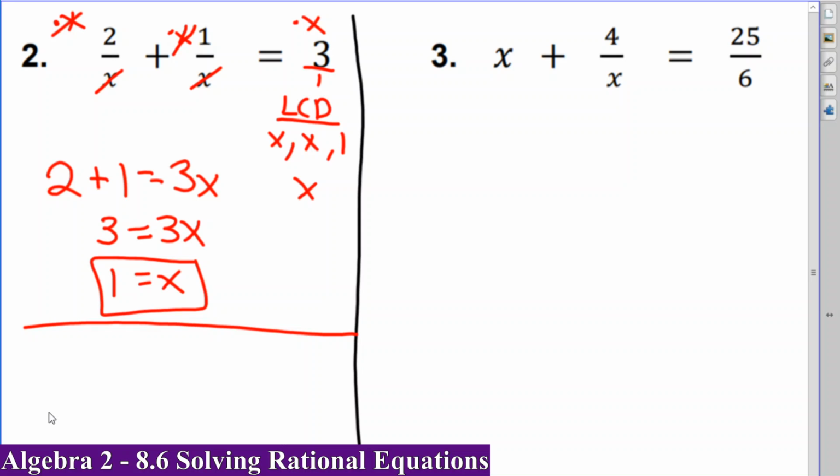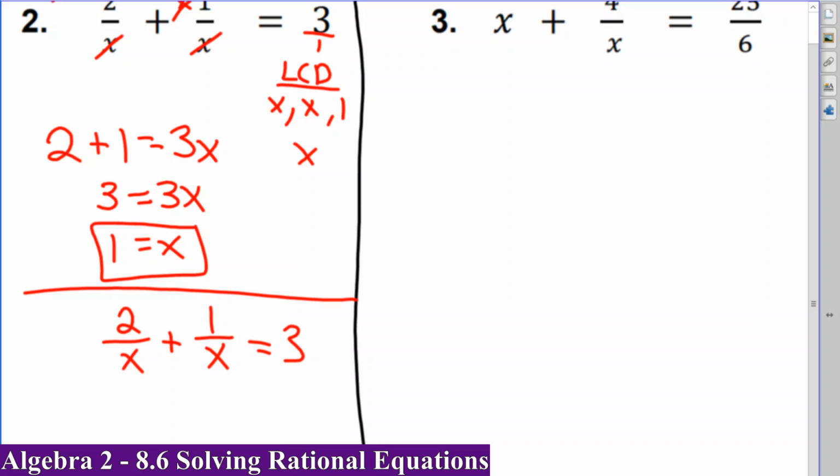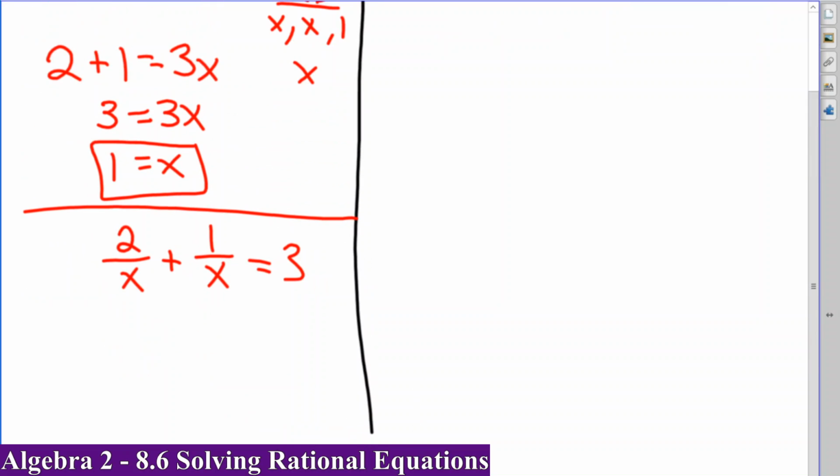Or, what somebody mentioned to me earlier as a good reminder is that these two have the exact same denominator, right? They both have a denominator of x. So whenever anything has the same denominator, we can add the numerators together. So this can be rewritten as 3 over x equals 3.